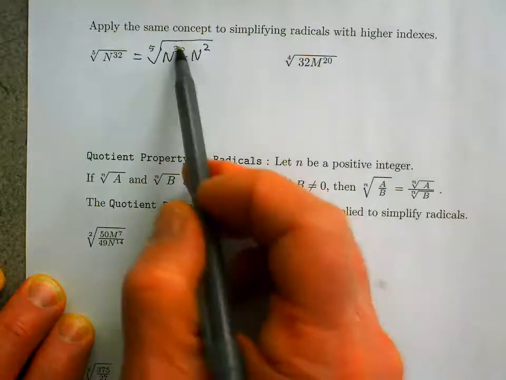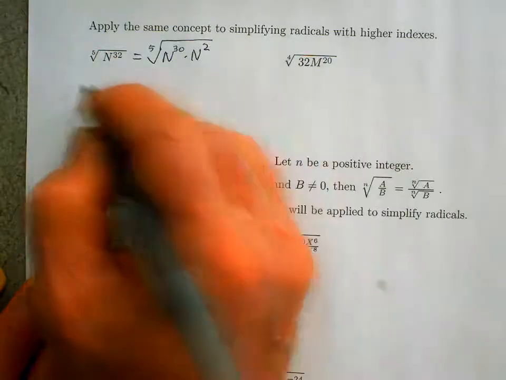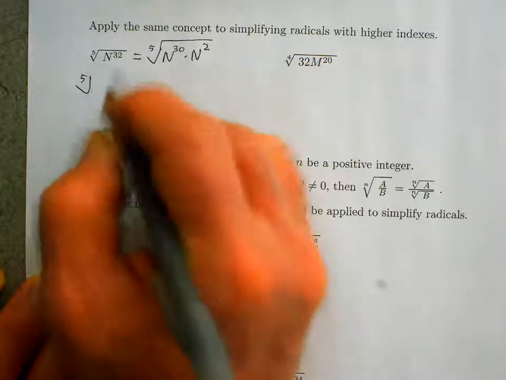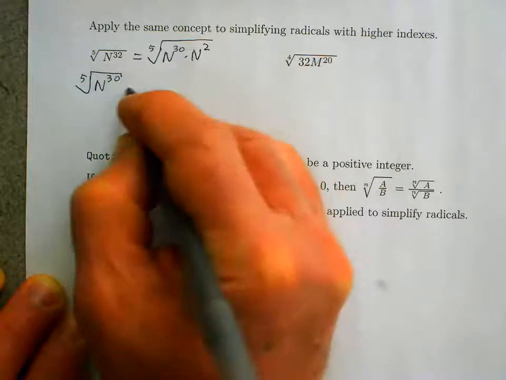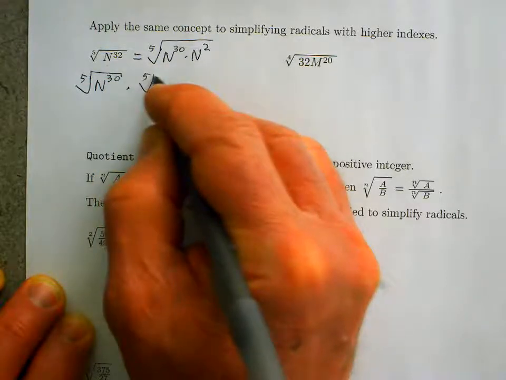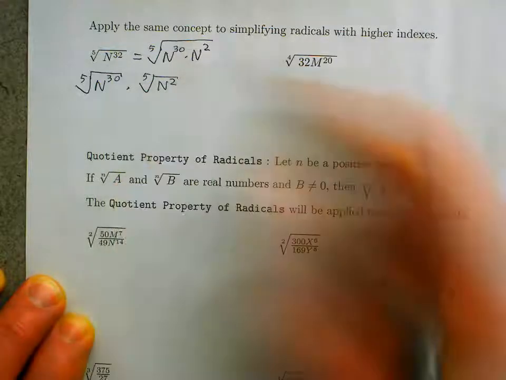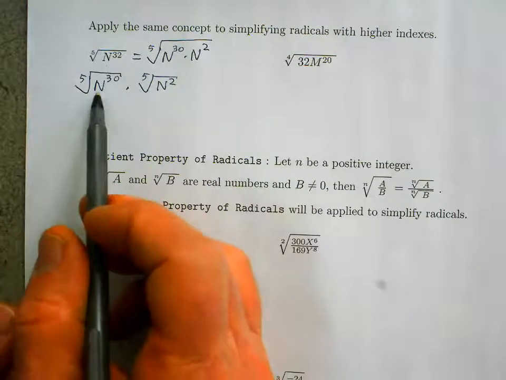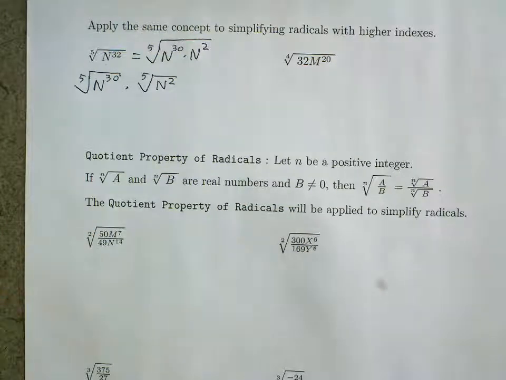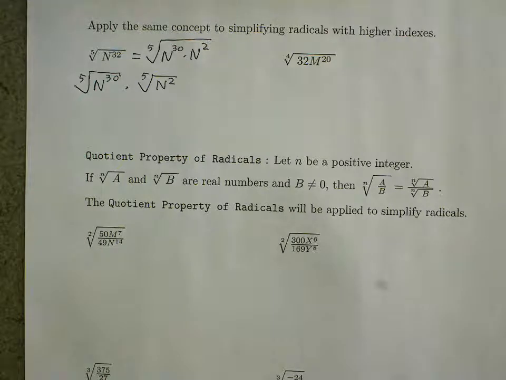We add the exponents. Okay, then write this as the fifth root of n to the 30th times the fifth root of n to the second. And we can simplify the fifth root of n to the 30th because n to the 30th is a perfect fifth power.